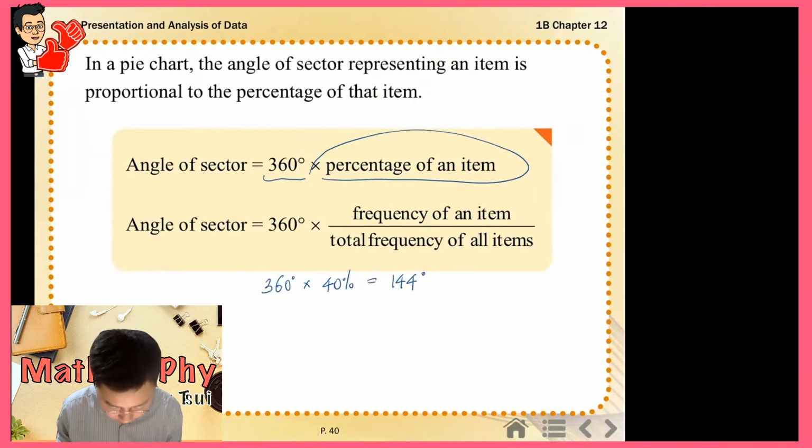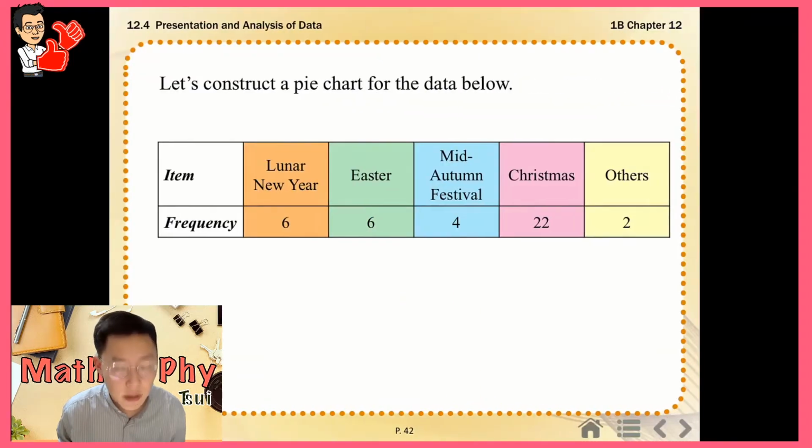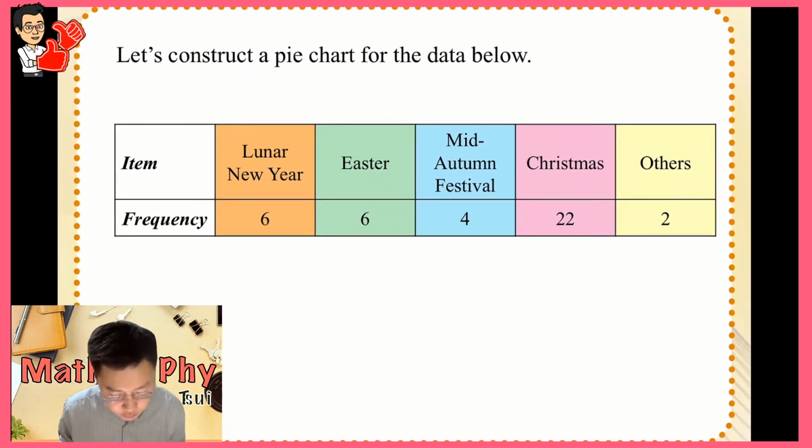Okay. So here you can see some steps to teach you how to construct a pie chart. For this example, it asks you to construct a pie chart according to the data below. Maybe this one is about how many students like each of the festivals.